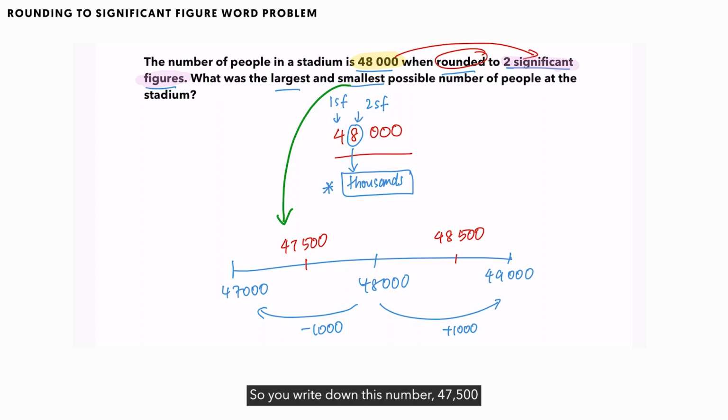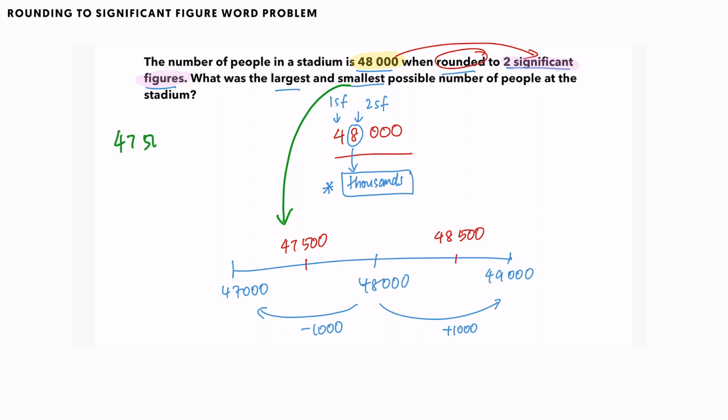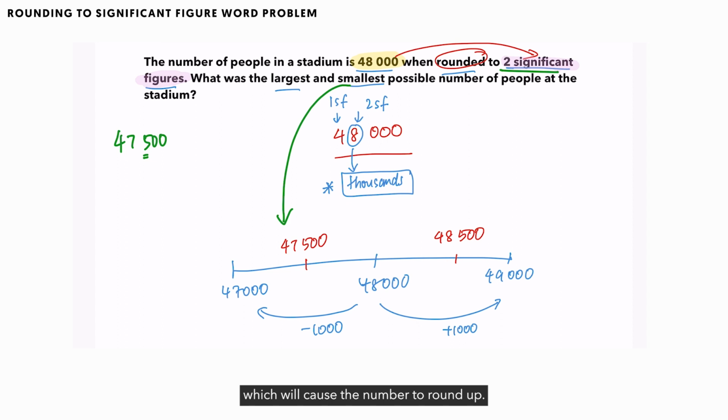So you write down this number, 47,500. And the question says, when this number is rounded off to 2SF. Don't forget 2SF. So in order to round off to 2SF, I need to look at my third SF. In this case, it's the digit 5, which will cause the number to round up. So I will end up with 48,000, which is correct.